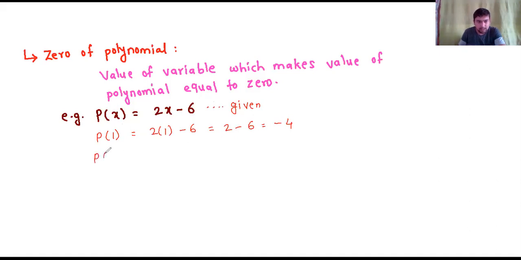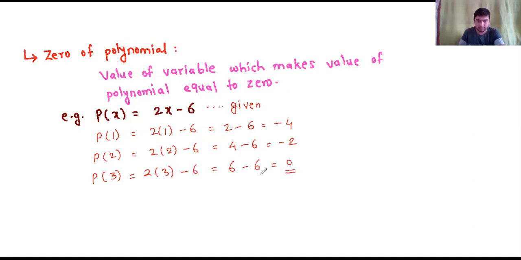Next, if I put x is equal to 2, so 2 into 2 minus 6, so 4 minus 6 is equal to minus 2. If I put now next x is equal to 3, 2 into 3 minus 6, 6 minus 6 is equal to 0.